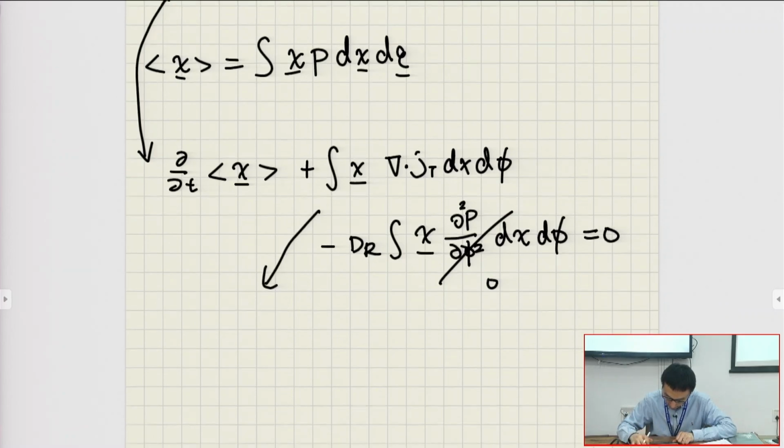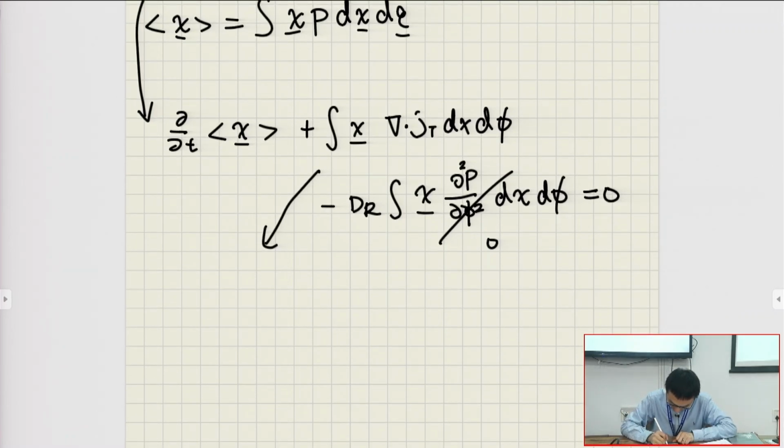And this one we can also carry out the integral. Let's do the x integral first in this case, and then integrate over the angles.